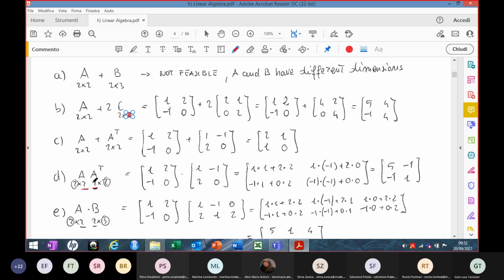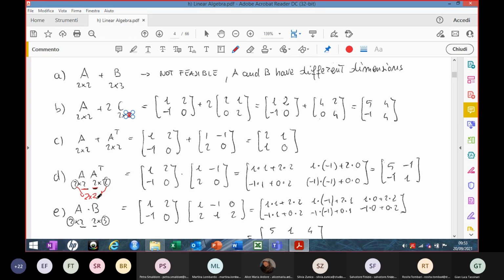So since these two numbers are equal, the product is feasible, and the result is a matrix. Look that I put this number and this one inside the circle, because the result is a matrix with a number of rows given by this number 2, and a number of columns given by the columns of A transpose.